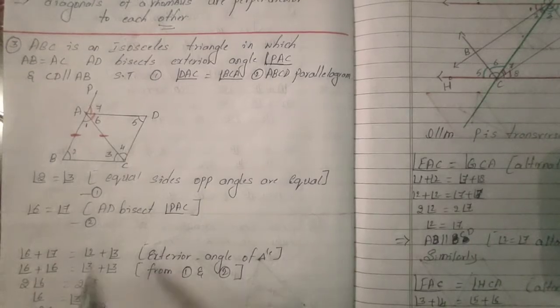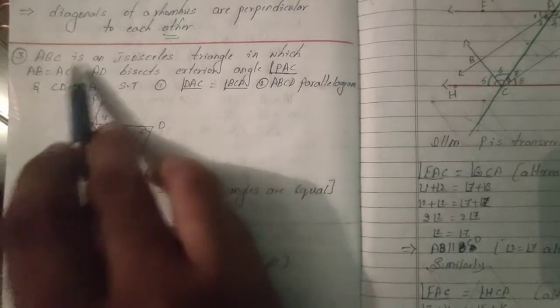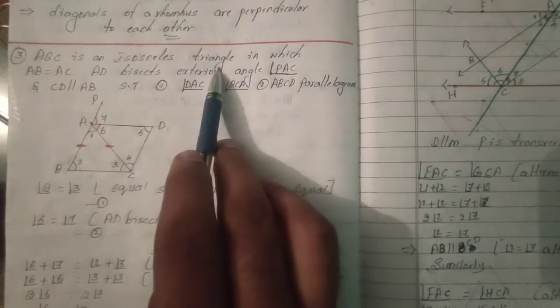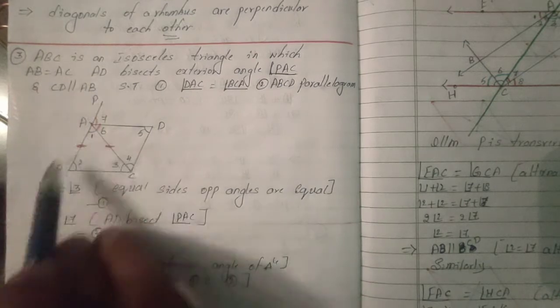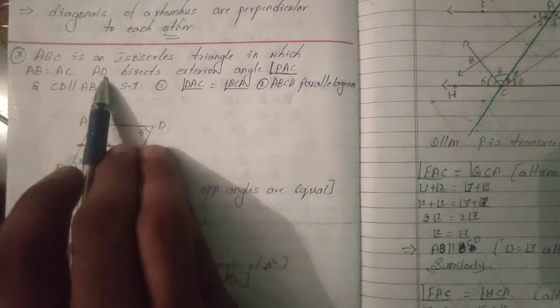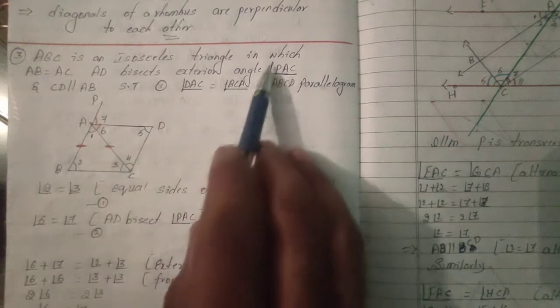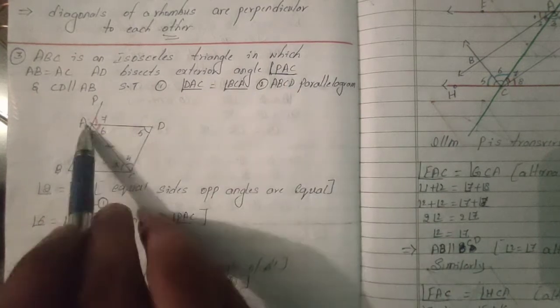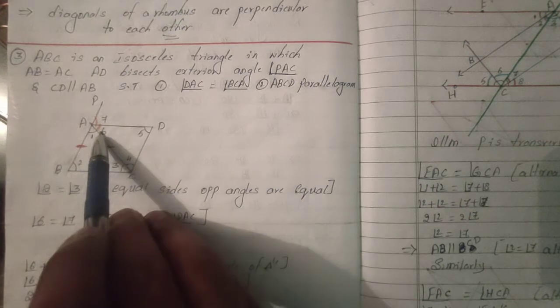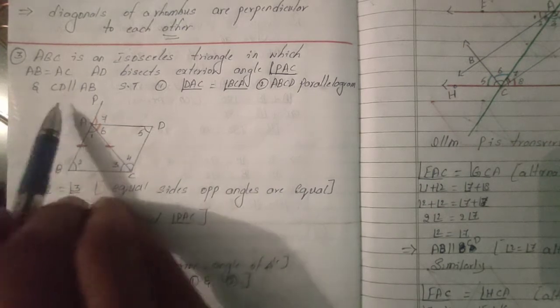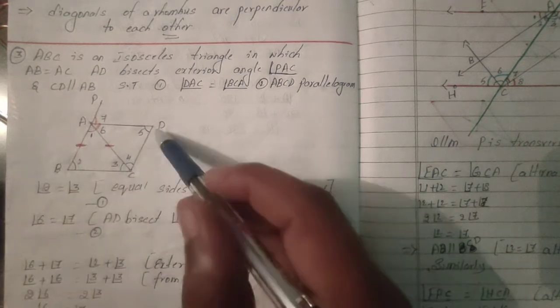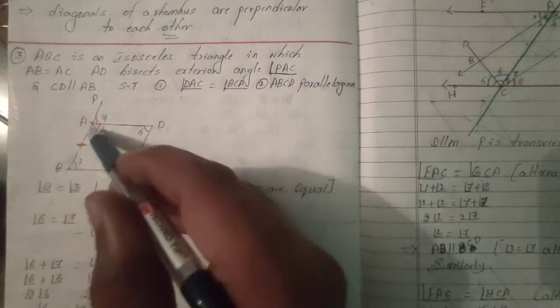Now, ABC is an isosceles triangle in which AB equals AC, and AD bisects the exterior angle PAC. PAC is the exterior angle, AD bisects this, and CD is parallel to AB.